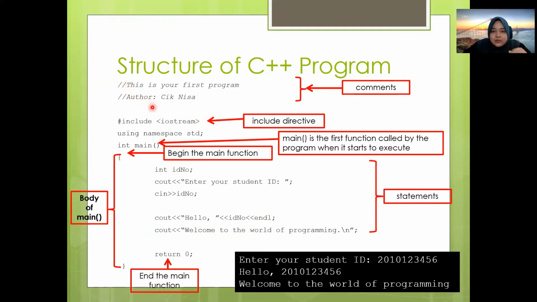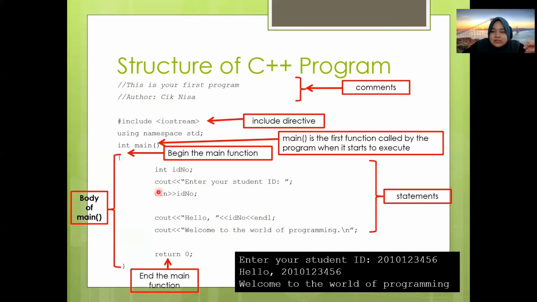You must follow this structure. Next, you should include hashtag include iostream. This is how the syntax looks for the include directive. So what does hashtag include iostream mean? It is the library that contains all kinds of syntax for cout and cin.